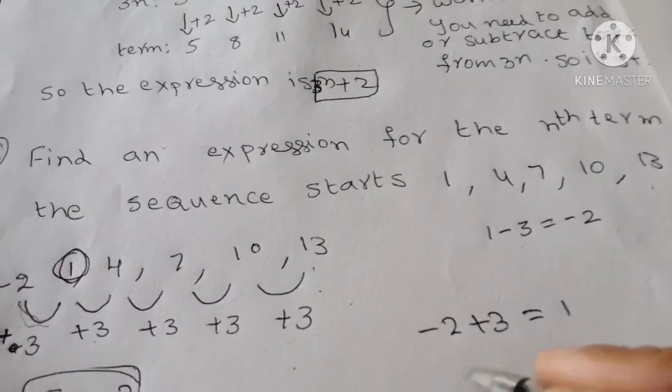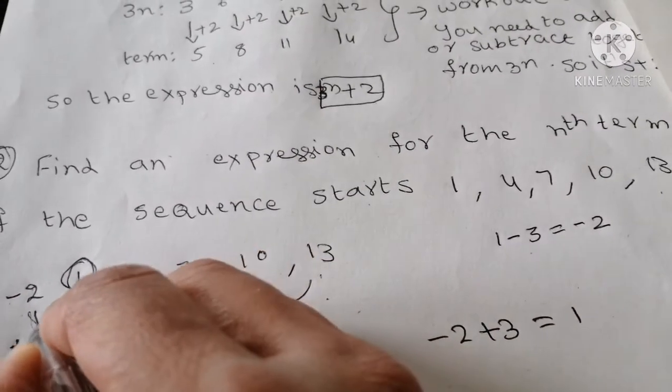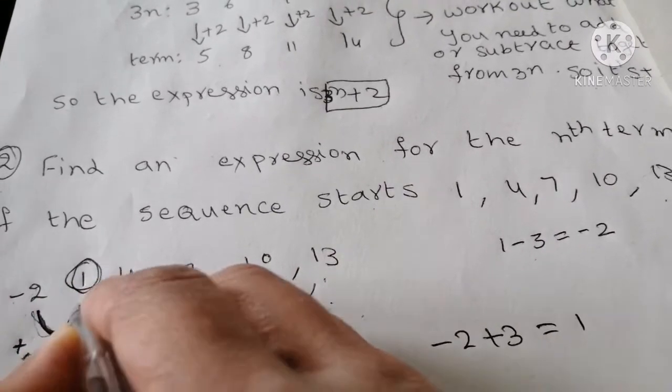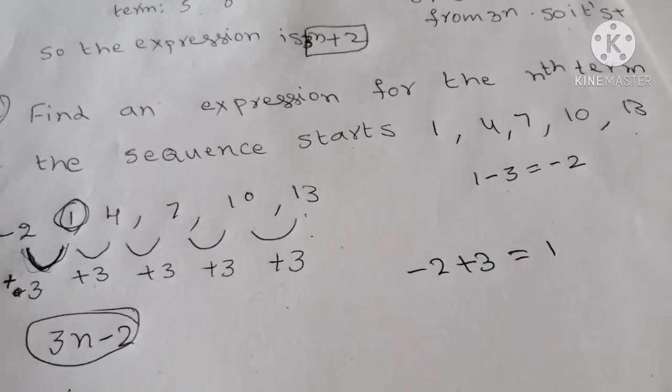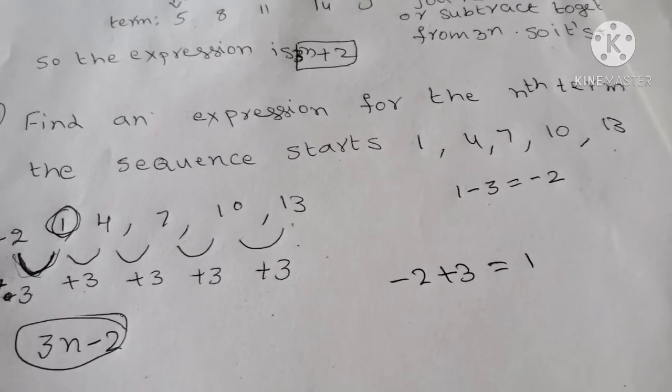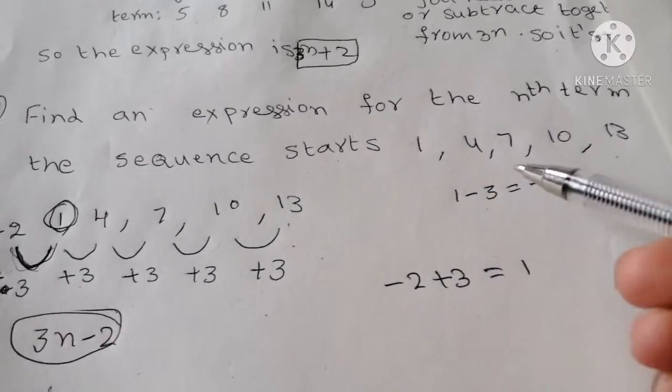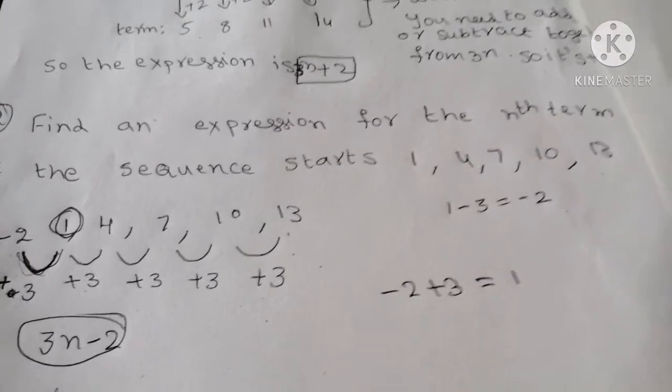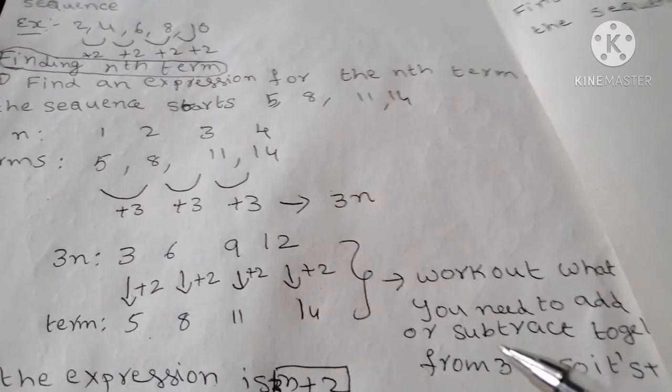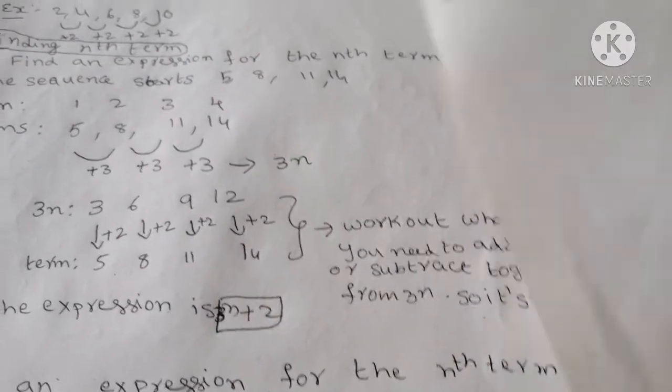So, I found our expression for our nth term of the sequence starts with 1, 4, 7, 10, 13. This is second method, but this is first method which is long method. I will show you second method again.